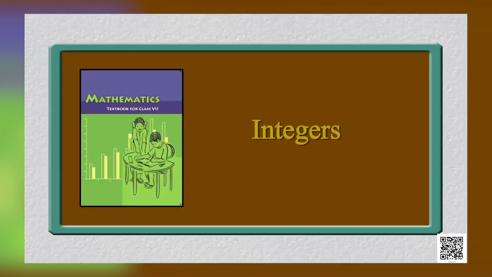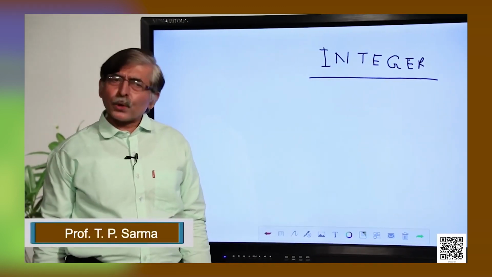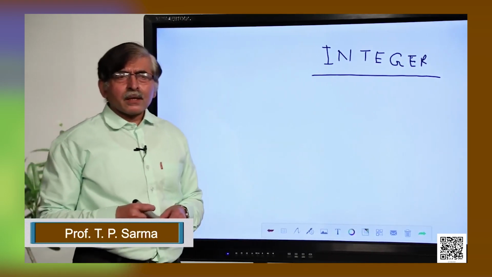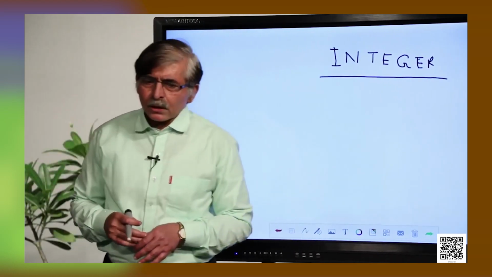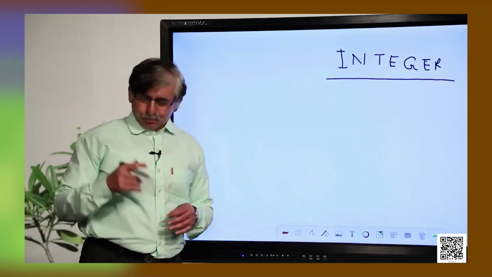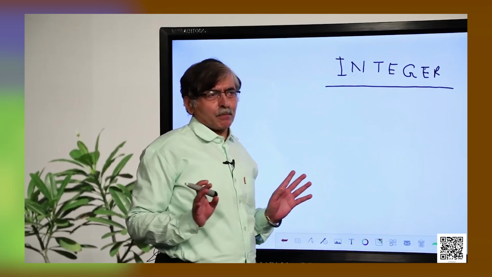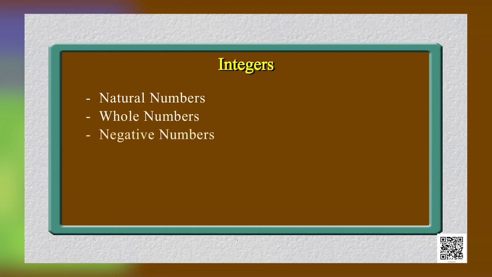Whenever we do integers, let us recall some of the things which we have studied in class 6. There we have studied numbers, whole numbers and negative numbers, right. So, integers are a bigger collection of numbers where we have natural numbers, whole numbers and negative numbers.